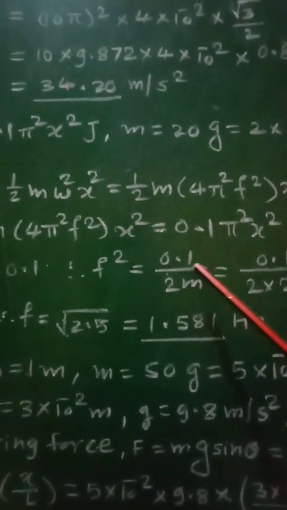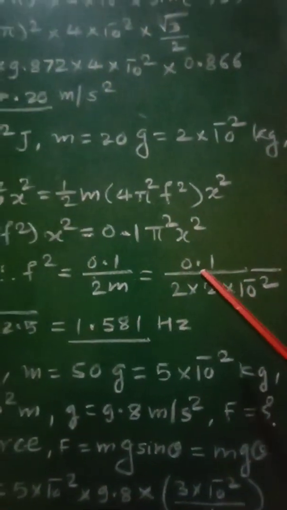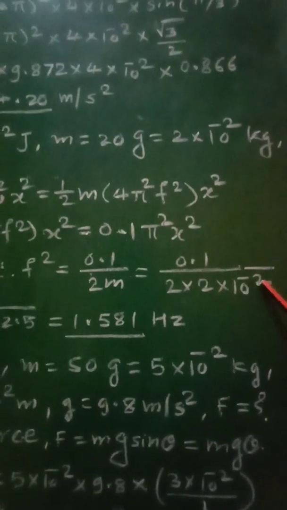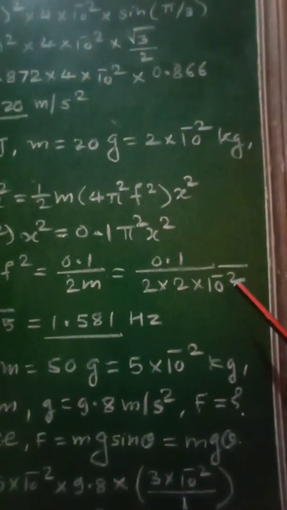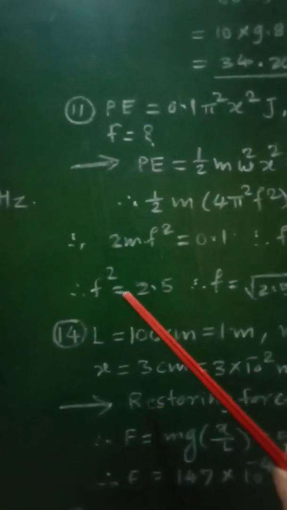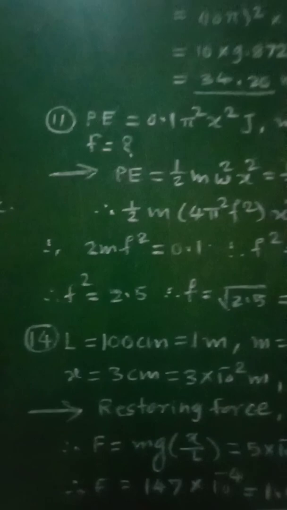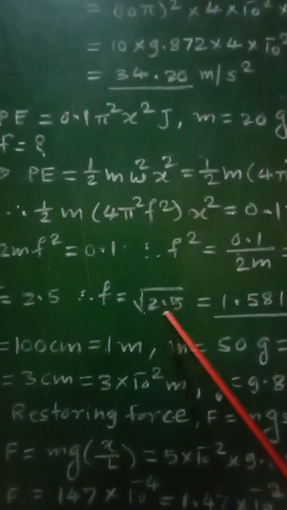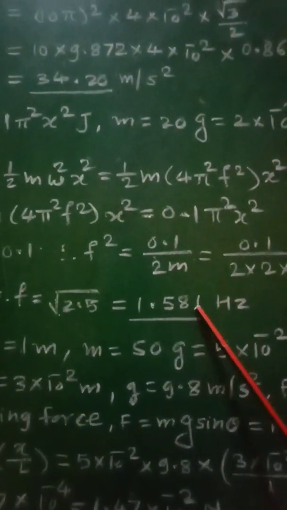Putting the values, we get 0.1 upon 2 into 2 into 10 raised to minus 2, that is 0.1 upon 4 into 10 raised to minus 2, and therefore f square comes out to be 2.5. Therefore, taking square root, f is equal to square root of 2.5, which comes out to be 1.581 Hertz.